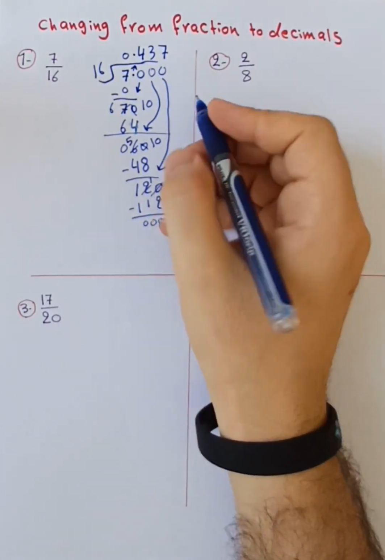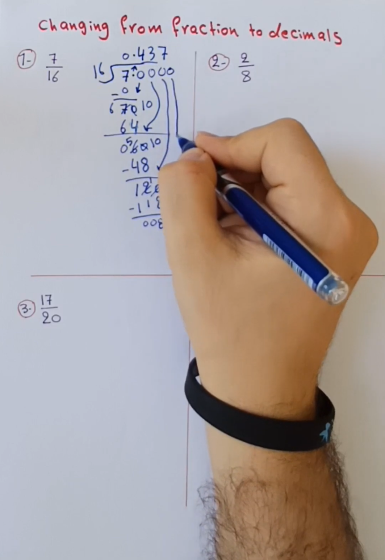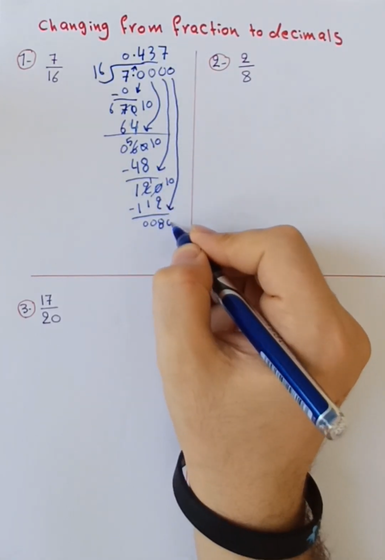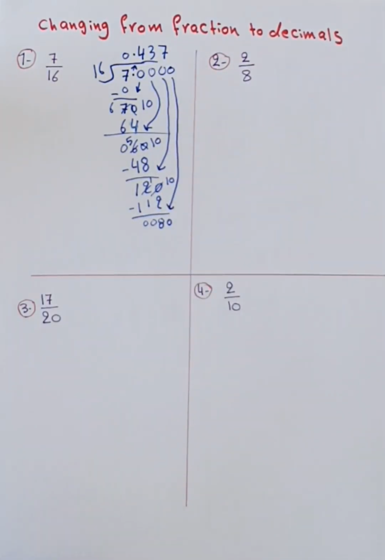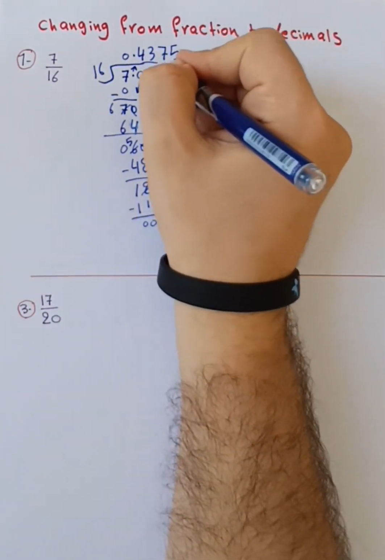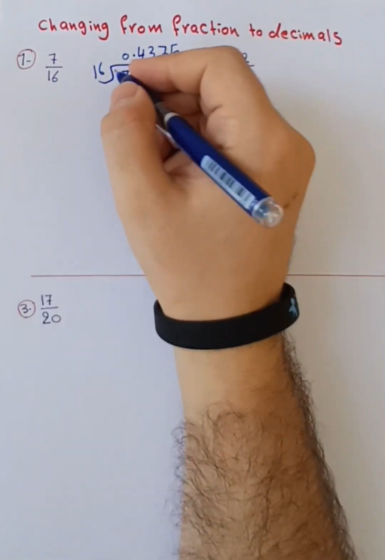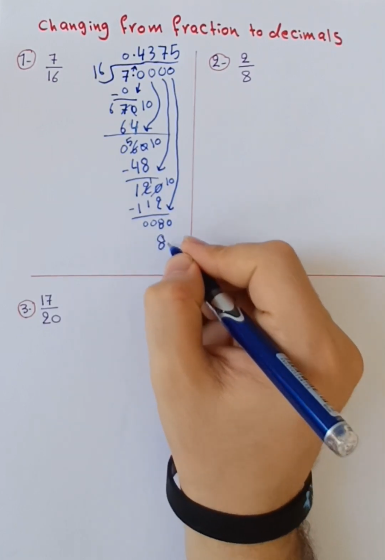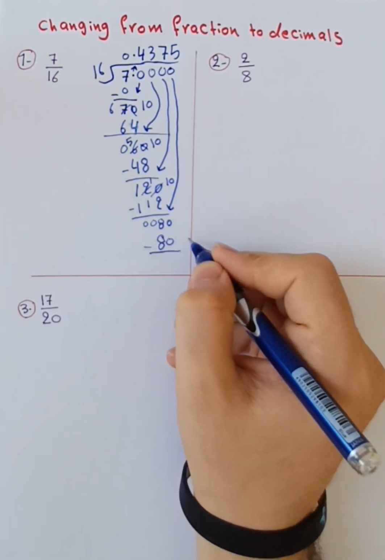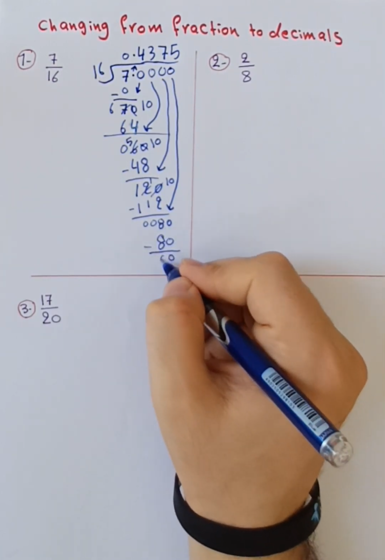We have to write another 0 and bring down it. We have 80. 80 divided by 16 equal to 5. 5 times 16 equal to 80. 0 minus 0 and 8 minus 8 is 0.